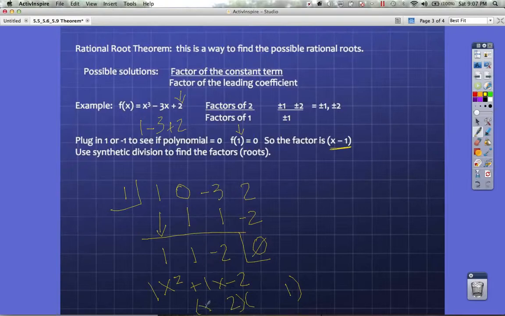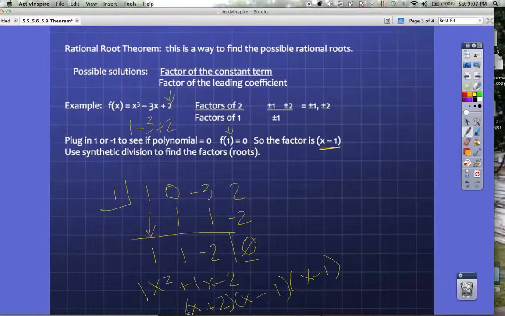All right, x and x, and we know that it has to be different signs because there's a negative in the back. It has to be a positive 2, negative 1, and don't forget our other factor we took out, x minus 1. So this is our complete polynomial factored out right here.